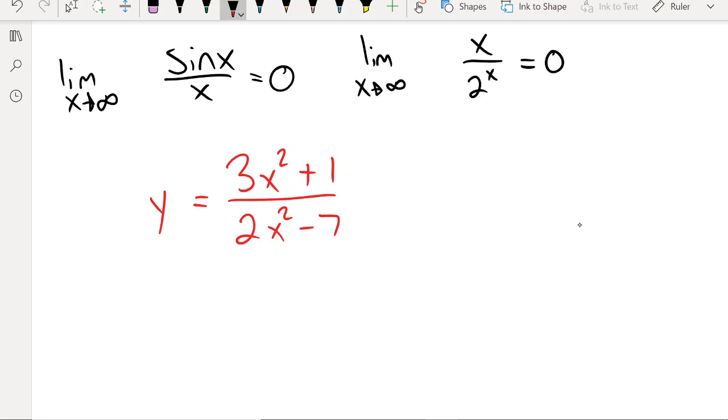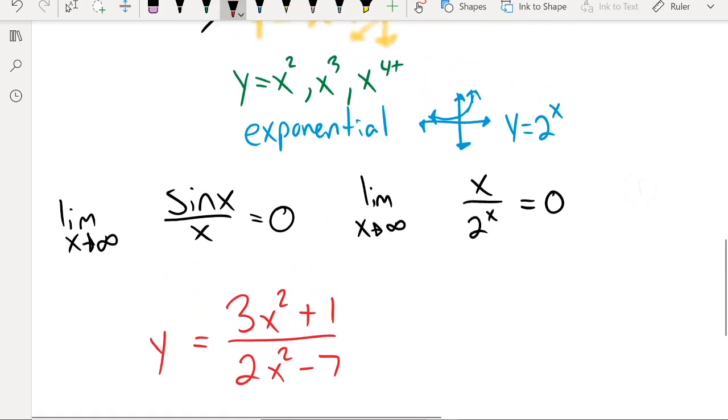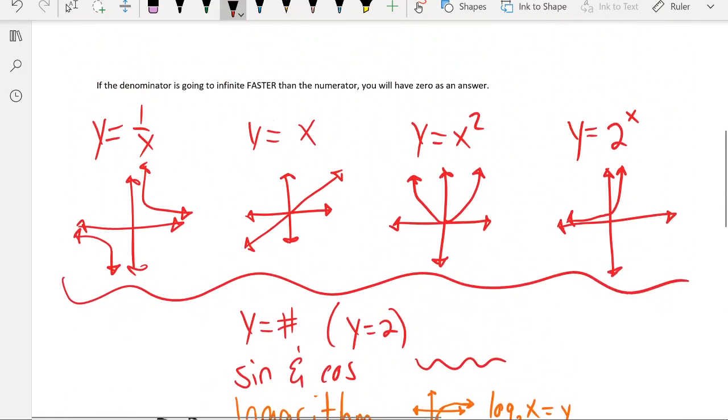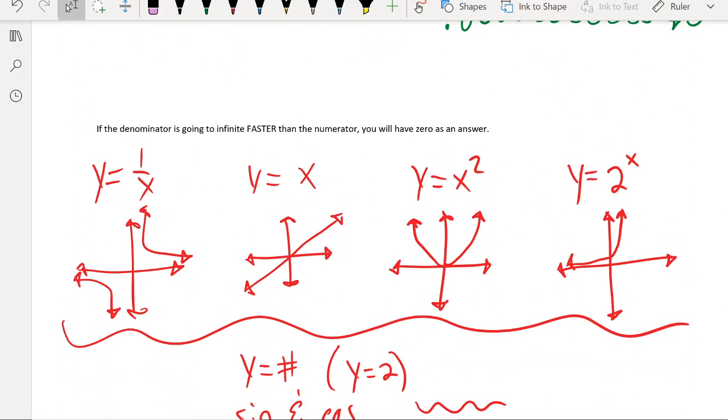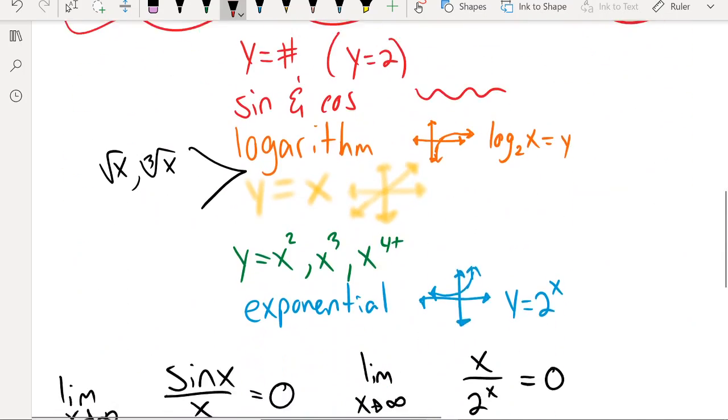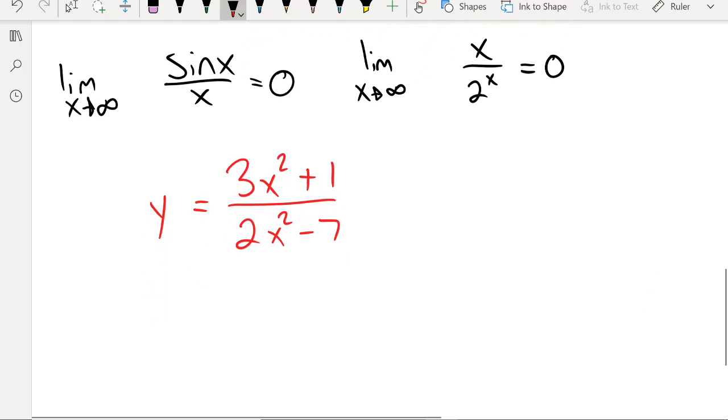If the degrees are the same in a polynomial, or if it's going to infinity just as fast, so if the denominator is going to infinity faster than the numerator, you have 0. But if they're going at the same rate, basically you can just take the first numbers you see, and that would be the answer, right?